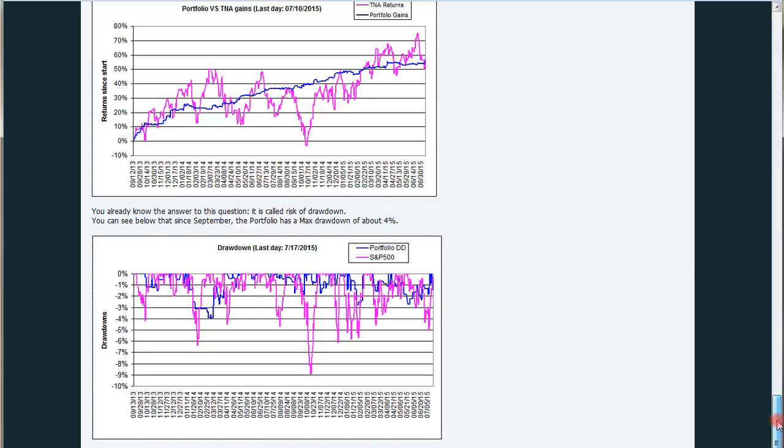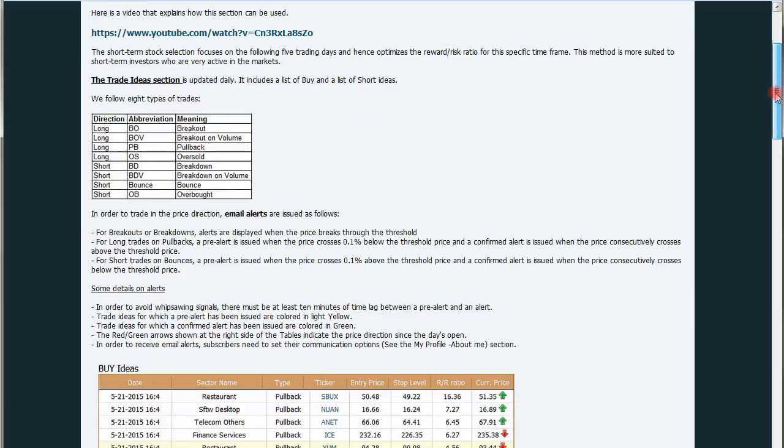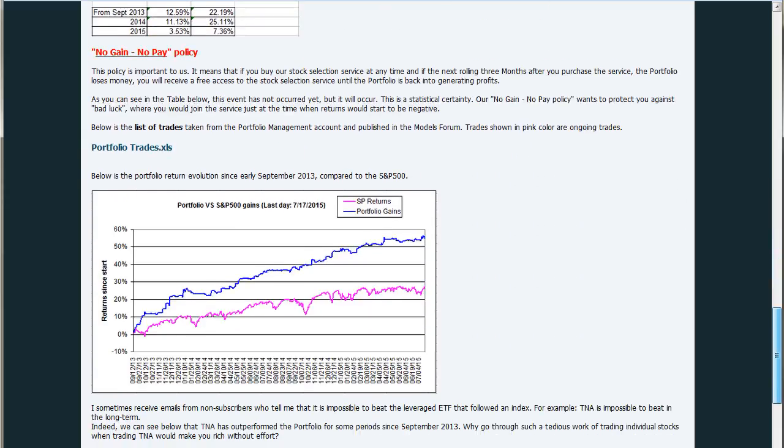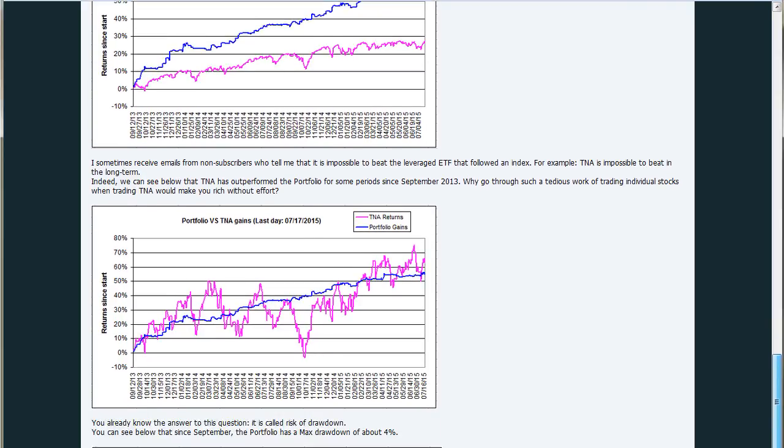If I do the same analysis on TNA, I see that it's not updated. I will update it here. Sorry about that. Okay, so the TNA data is updated. You can see that we follow the same trend, but simply TNA moves up and down.